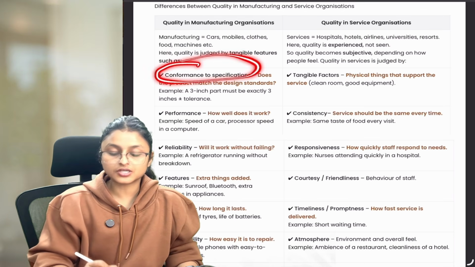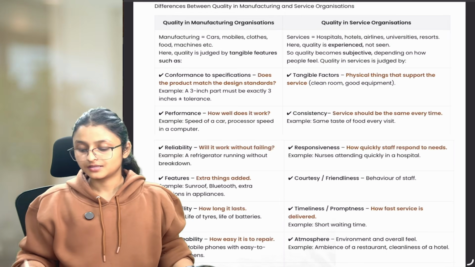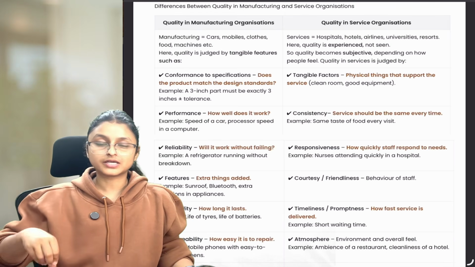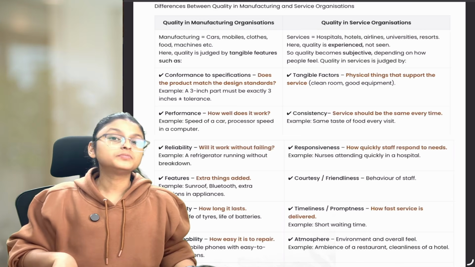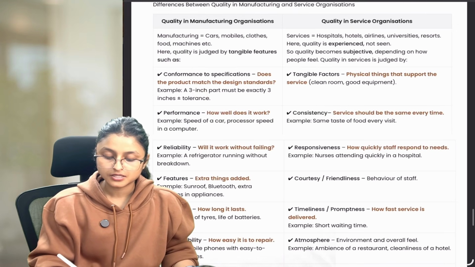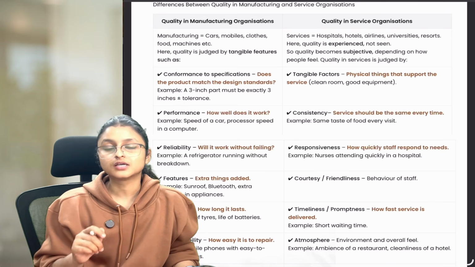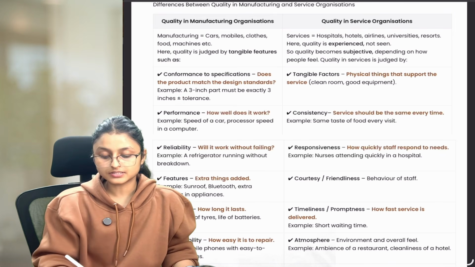Conformance to specifications. We know what conformance to specification means, right? That the standard set by the organization, are we able to meet that standard? A standard can be, say, a 3-inch part must be exactly 3 inches plus or minus some tolerance, like 0.05 inches.